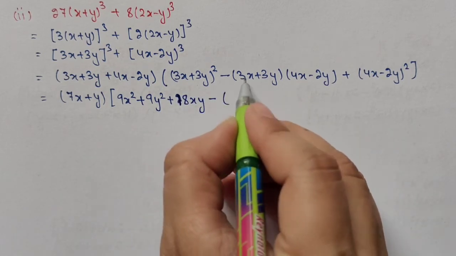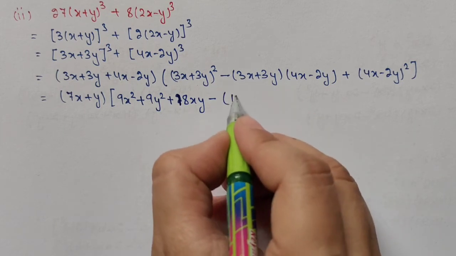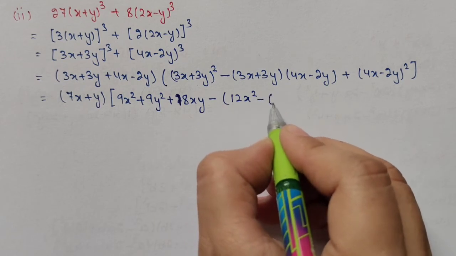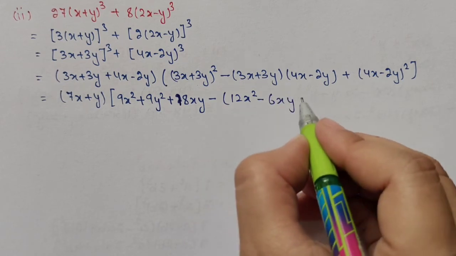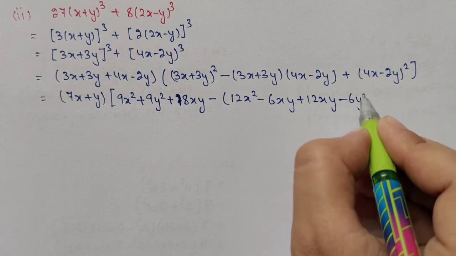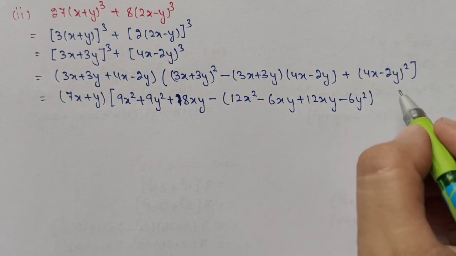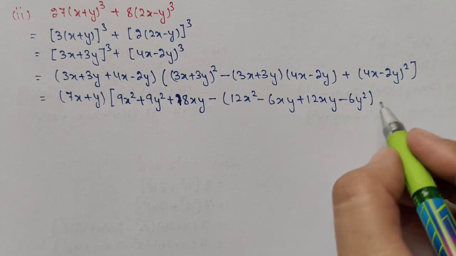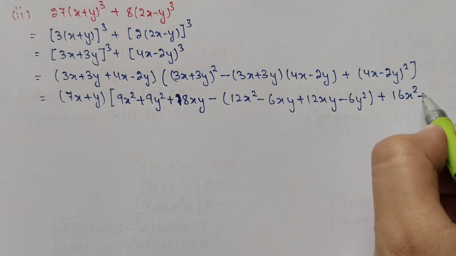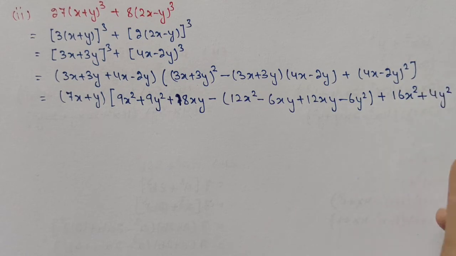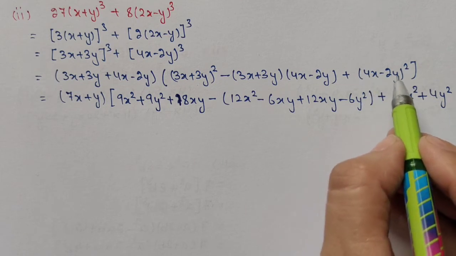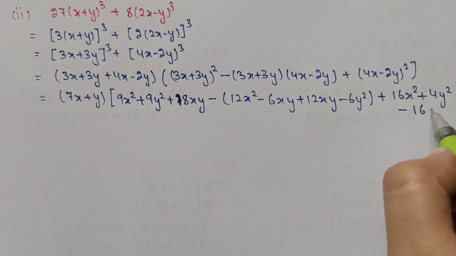These two we can multiply. 3x into 4x is 12x², 3x into −2y is −6xy, −12xy, and −6y². The last bracket with the (a − b)² formula: a² means 16x², plus b² is 4y², minus 2ab, 2 into 4 is 8, and 8 into 2 is 16xy.